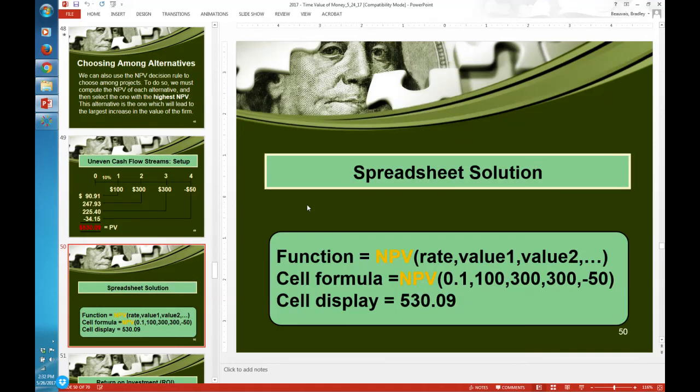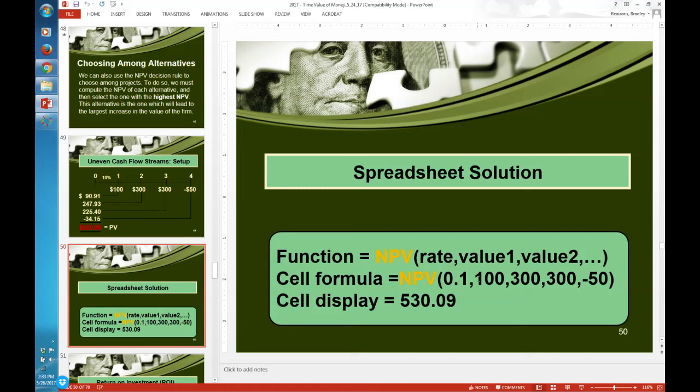So how do I do this in Excel? Fortunately, Excel does a lot of the heavy lifting. So instead of present value, I use the Excel formula net present value, or equal NPV. I put in my rate of 10%. I throw in all of my values, and I can either enter them manually like I have done here, or when you're in Excel, as soon as you drop that comma, you can come over to your series of cash flows and drag across.